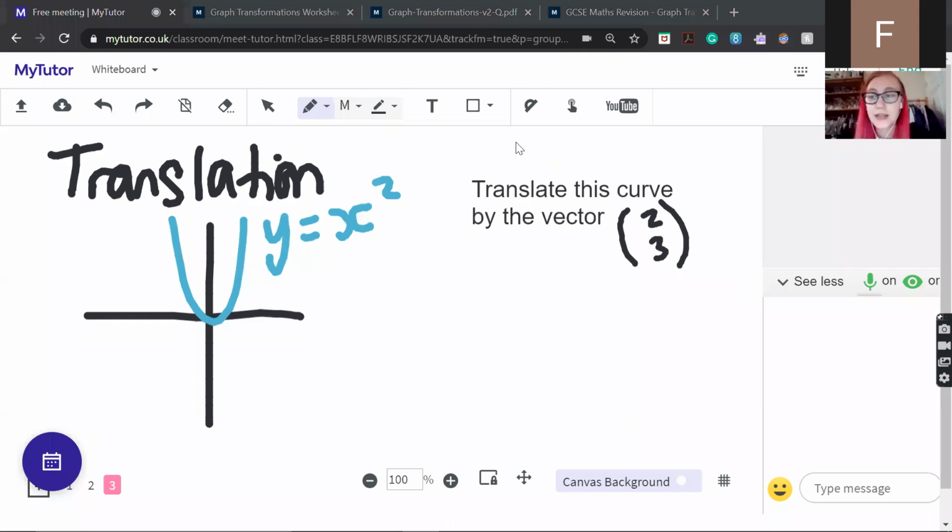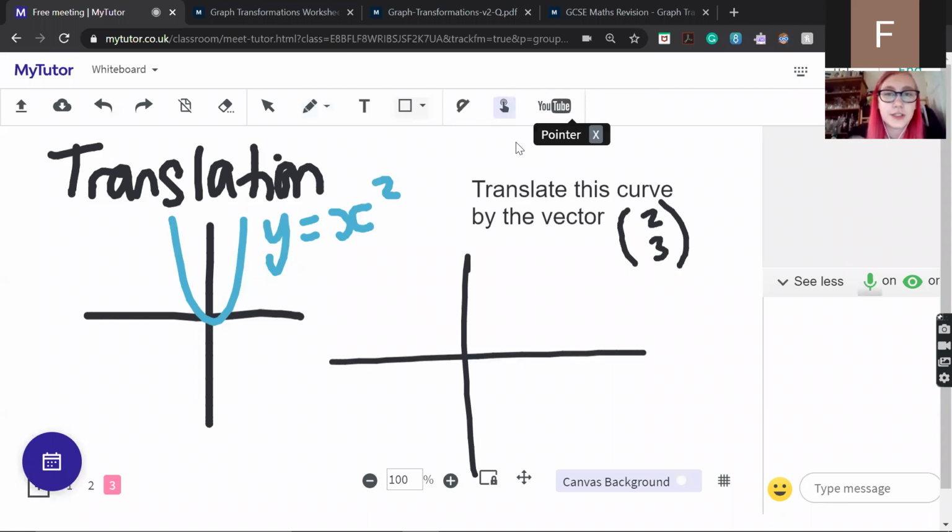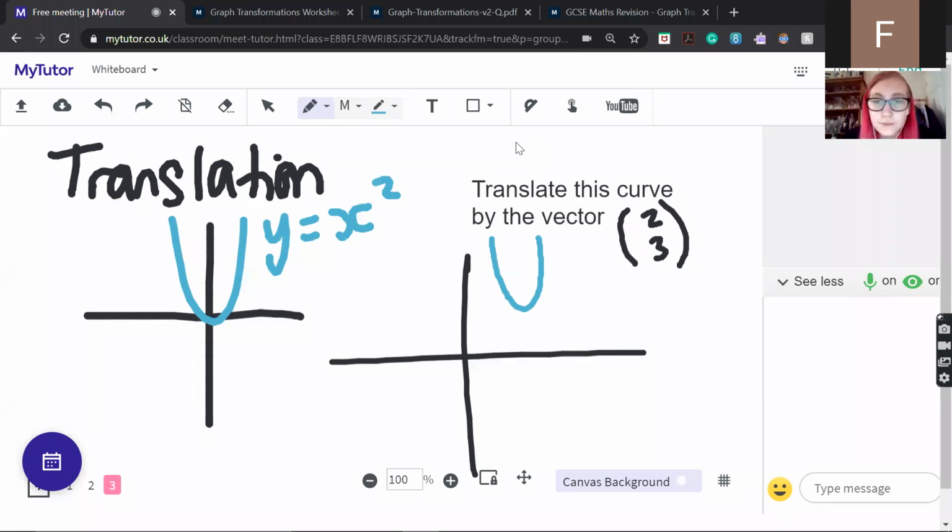So what this would then look like is, let's just think we have this curve. You can literally imagine taking this curve, holding it and moving it 1, 2, and then 1, 2, 3. If we move it 2 right and 3 up, it's going to be kind of here. Again, it's only a sketch. What I would advise is that you then mark on a key point so that it doesn't look like you've just guessed.